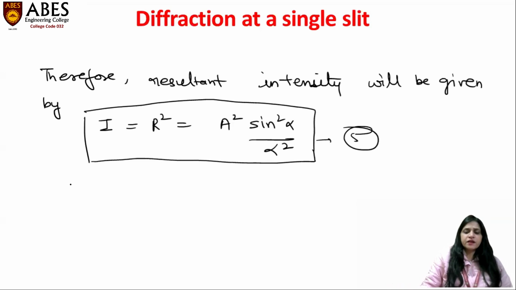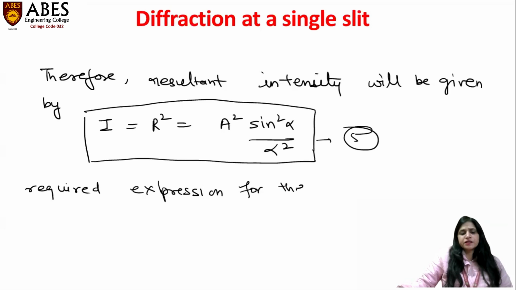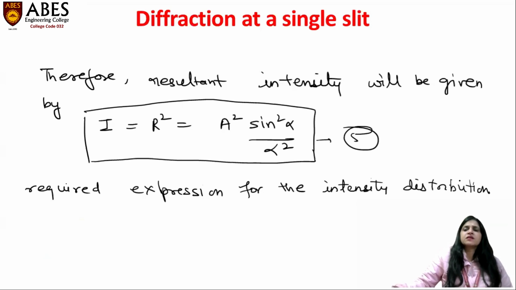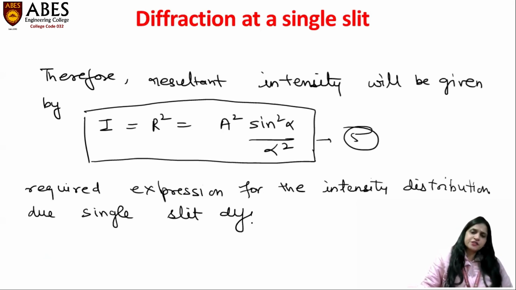This equation number 5 is the required expression for the intensity distribution due to single slit diffraction. Okay.